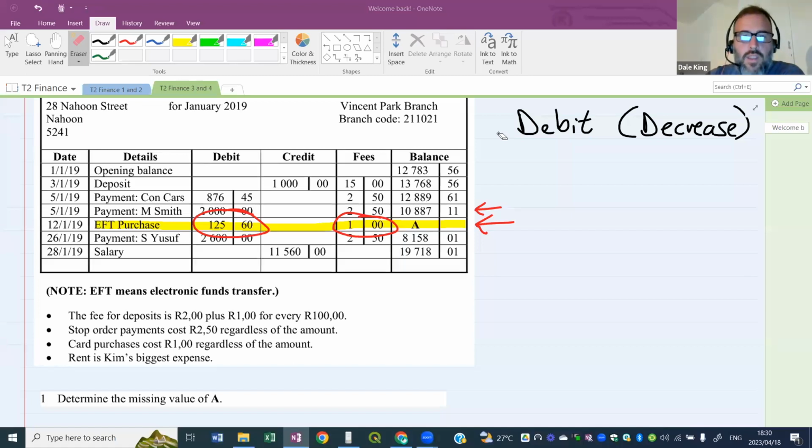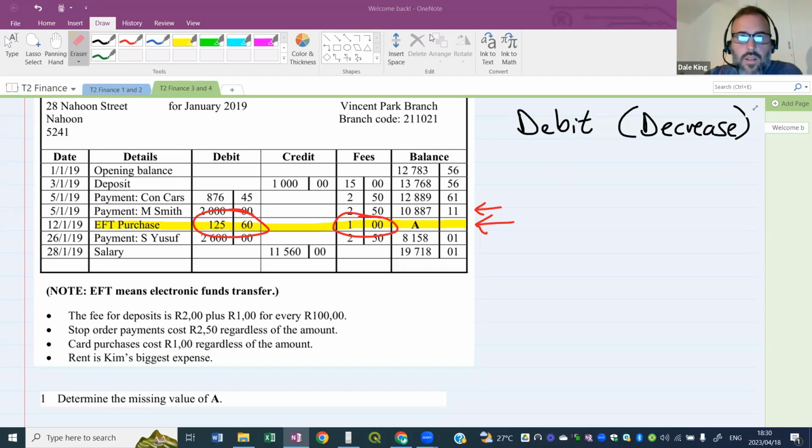The fees affect the balance. It's not just the transaction value, it's also the fees as well. So if you think you need to use the fee, you need to use the fee. All right, if something's telling you, I think I need to include the fee here, then do it. Okay, so the fees must be included in your calculations. All right, thank you.